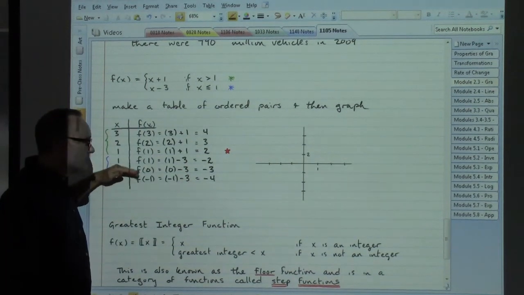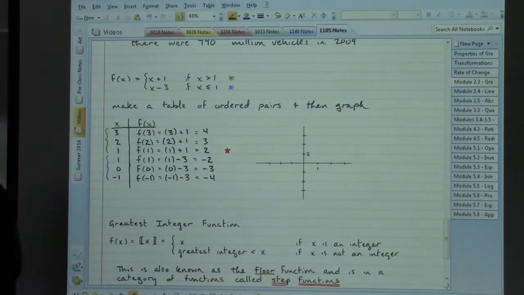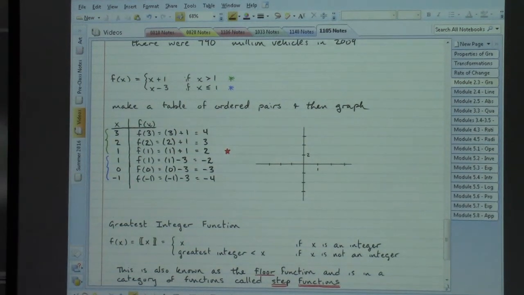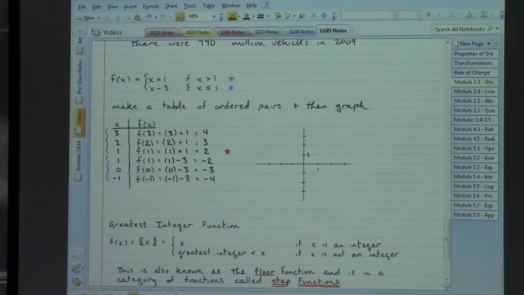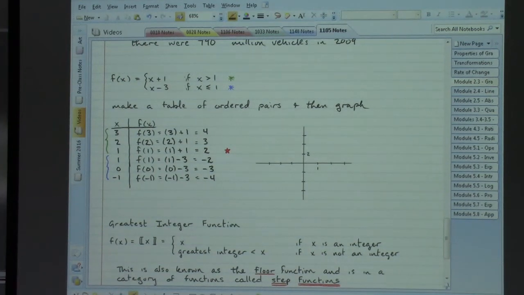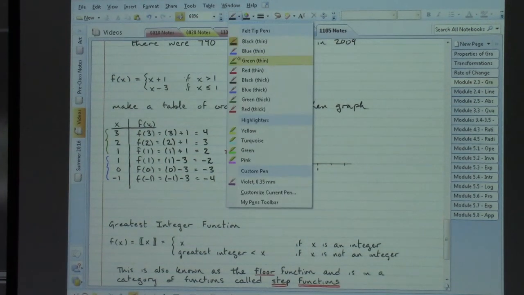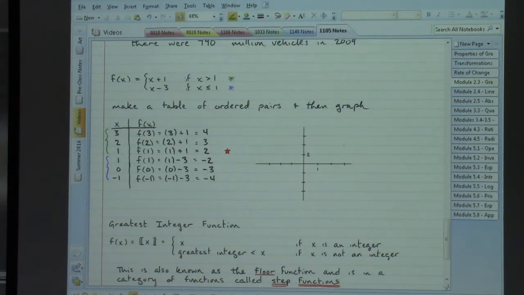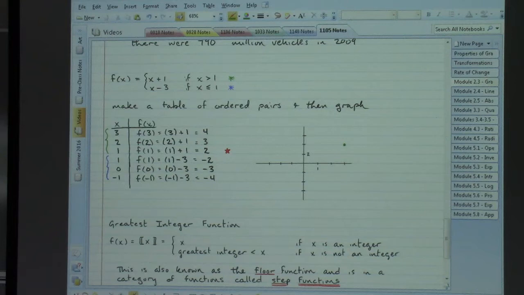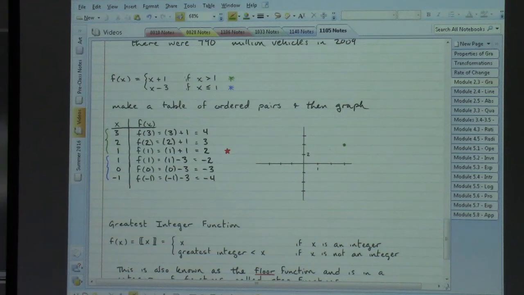We'll use blue markings for the other 3 rows. So let's go ahead and put these in. From the first row, x equals 3, y equals 4 means that we've got a dot like so. X equals 2, y equals 3 means that we've got a dot like so.